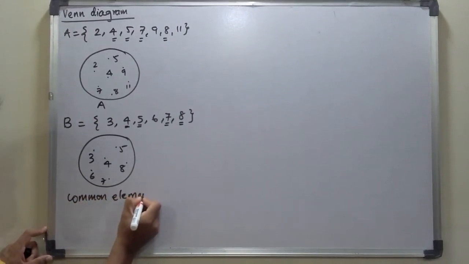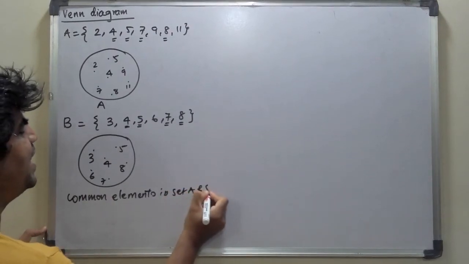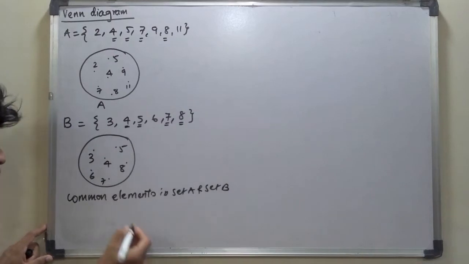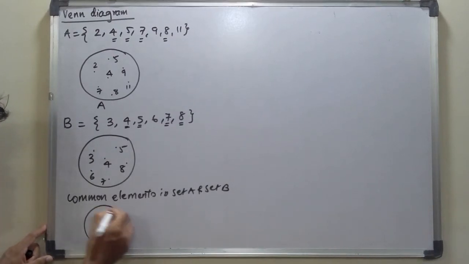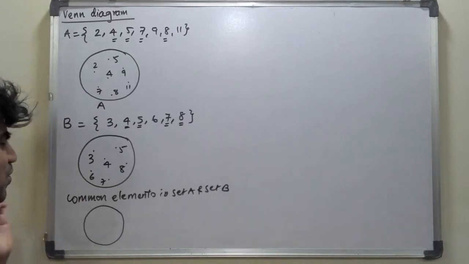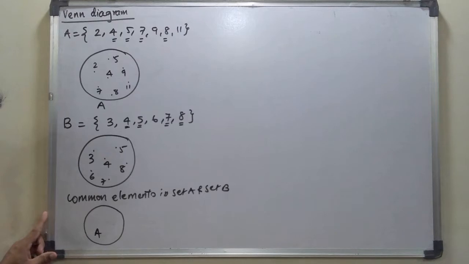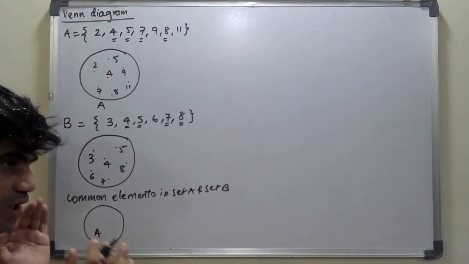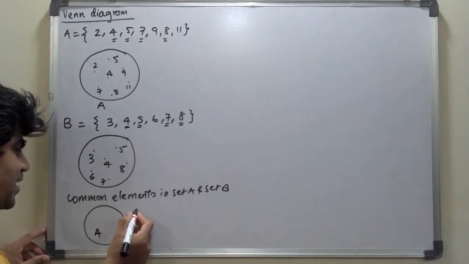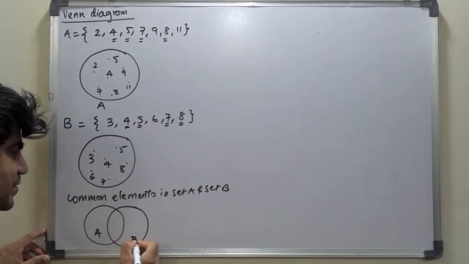That is, if I want to show the common elements in set A and set B, how do I show it? What I will do is draw this, as John Venn did. He drew set A, and he wanted the common element to be known specifically. So he overlapped set B with set A like this.